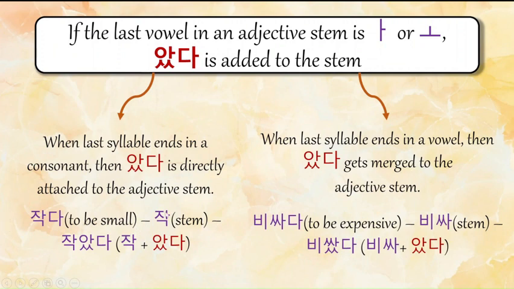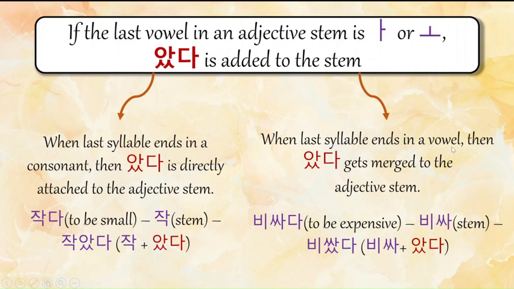Look at the stem, it is 작. The last vowel is a, so the ending is going to be 았다, and the stem ends in a consonant. So 았다 is going to get attached to the stem directly and it will become 작았다. Okay, this one was easy.